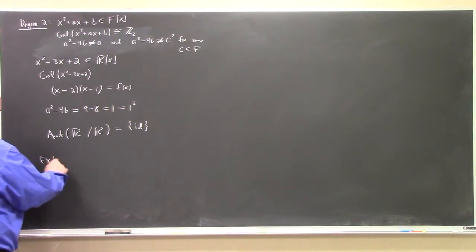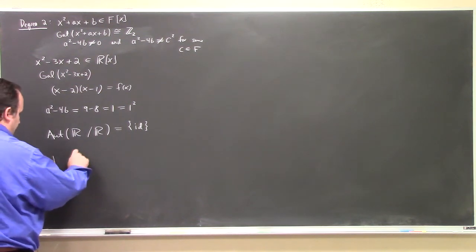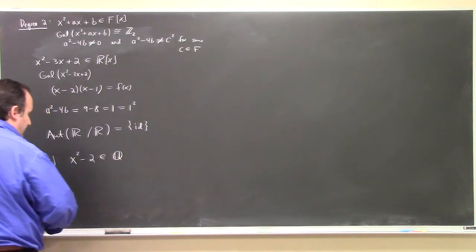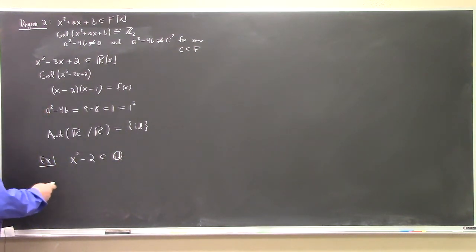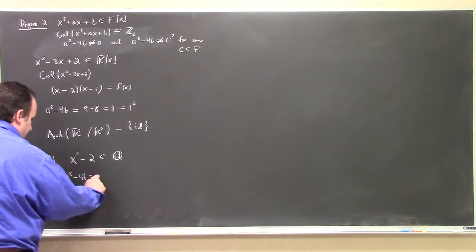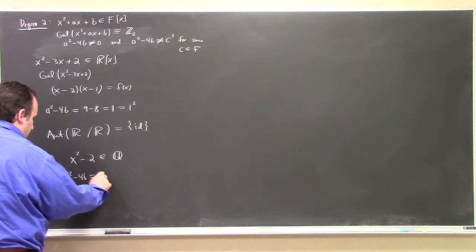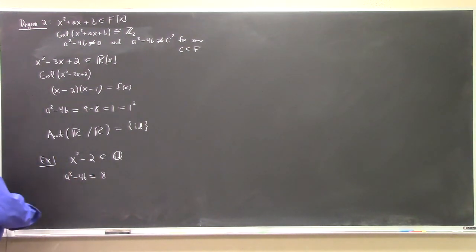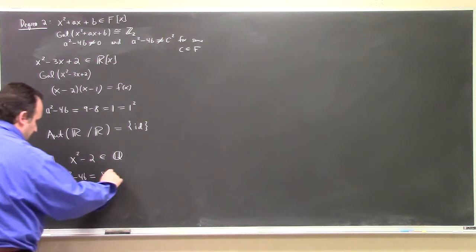Another example: x squared minus 2 over the base field Q. What's the discriminant? With a equal to 0 and b equal to minus 2, it's 8. Of course, that's not equal to 0.